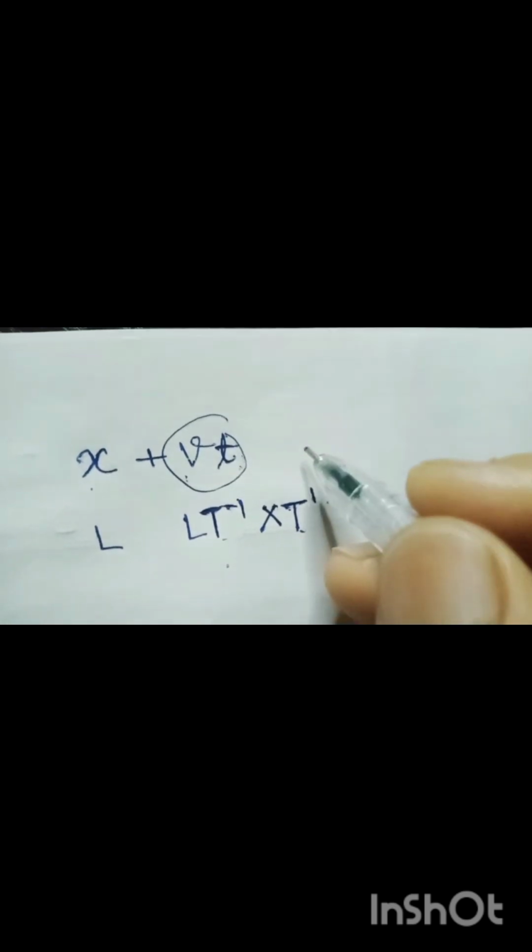So the dimension of Vt, velocity multiplied by time, is L. So we can easily add displacement plus velocity multiplied by t. Both of them have the same dimension. Now it is possible to add x, displacement, plus the product of velocity and time.